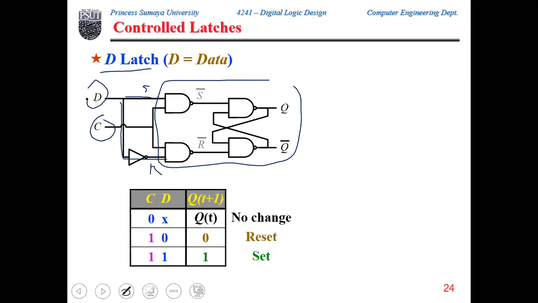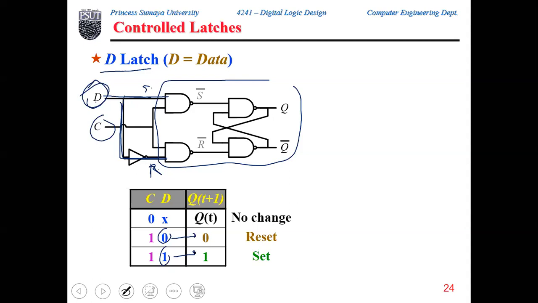If you connect this single input D, here it is S, and here you take the complement of it and assume this is R, then S and R will never be the same. So either you have 0 or 1. You can change the stored value to 0, or you can change the stored value to 1.